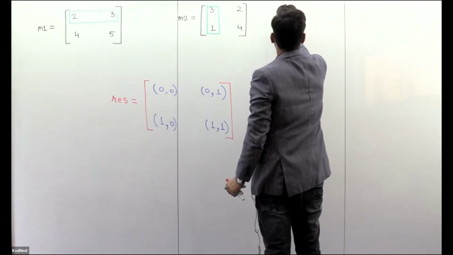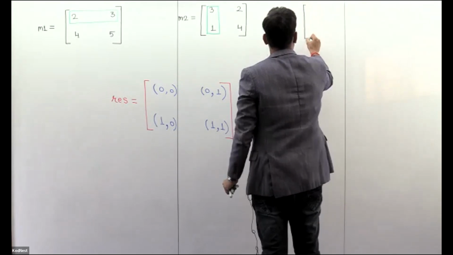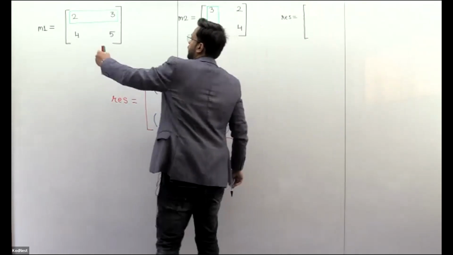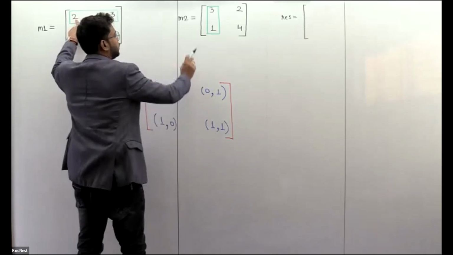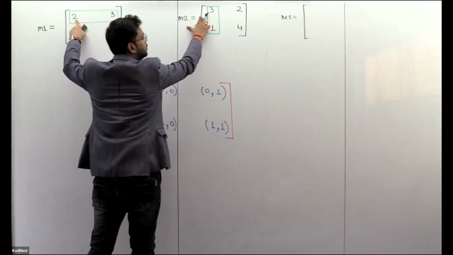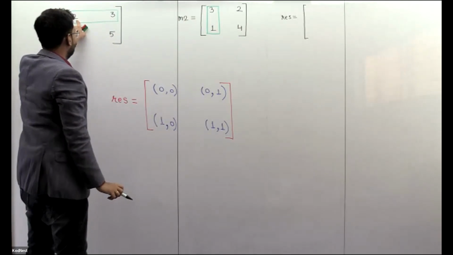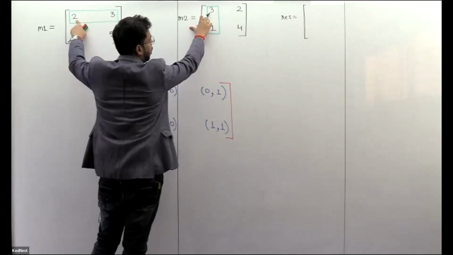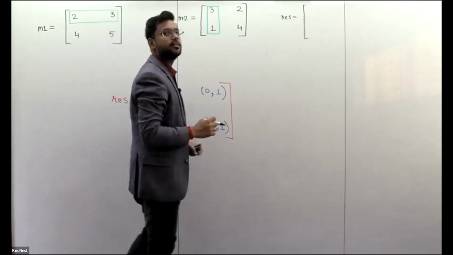Here I will write result matrix is equal to, I will take the 0th row, 0th element and multiply it with the 0th row, 0th column element. So 0, 0, I will multiply with 0, 0. So 2 multiplied by 3 is how much? 6.